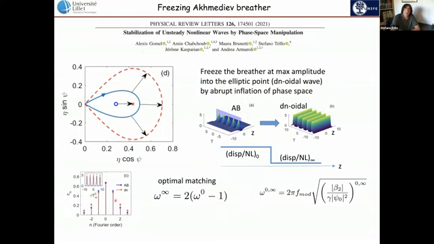And we came up with a very, very trivial formula for the optimal matching. So essentially, the normalized frequency at infinity has to satisfy this formula with omega naught, the frequency before the jump. And since the two frequencies are in fact the normalization of the physical frequency of modulation, and this has to remain constant across the jump, then you have a recipe which relates the dispersion and the nonlinearity before and after the jump.